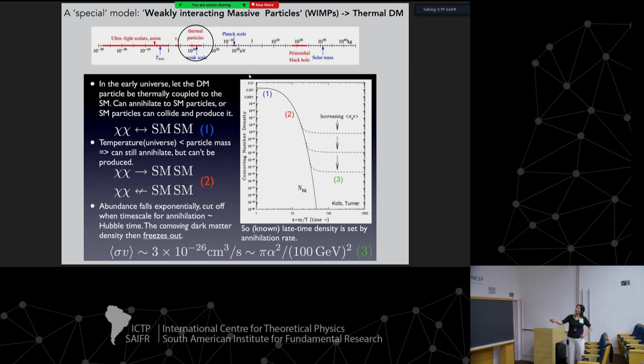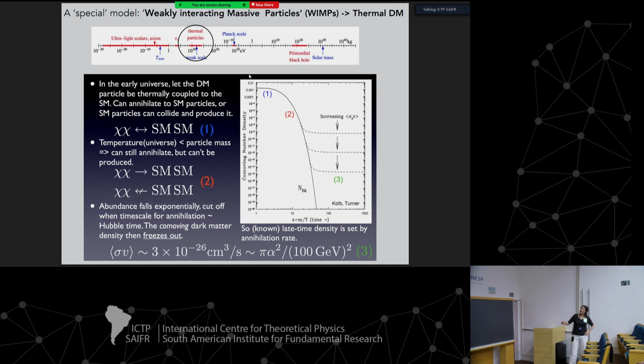So here we assumed the dark matter was in thermal equilibrium and then went out. For some dark matter models, your dark matter particles are so feebly interacting that they're actually never in thermal equilibrium in the early universe. So they're just standalone particles.